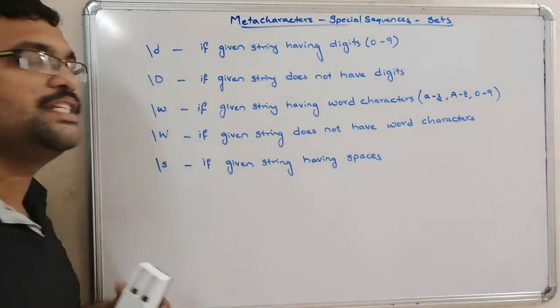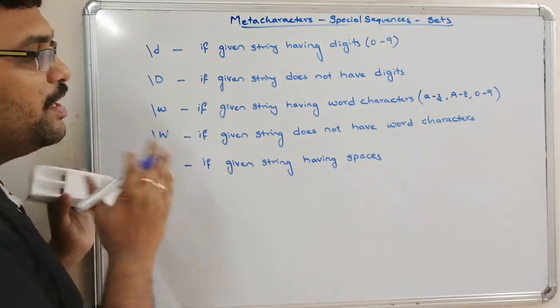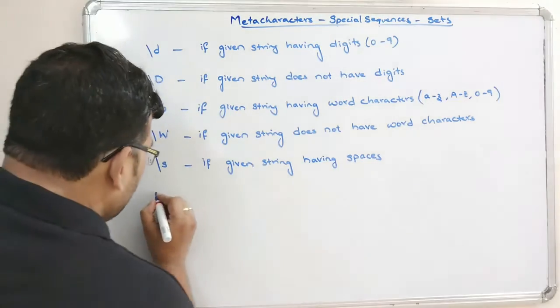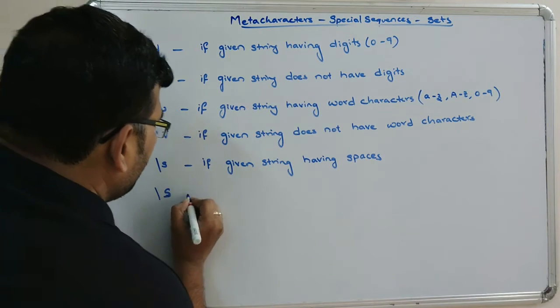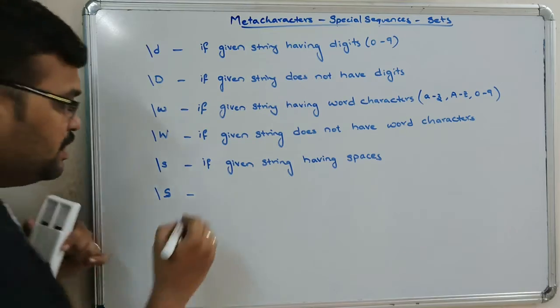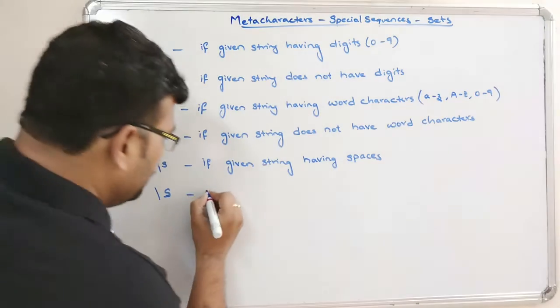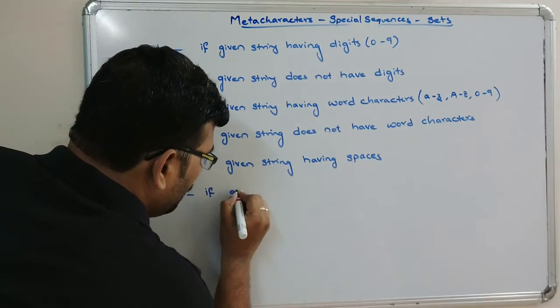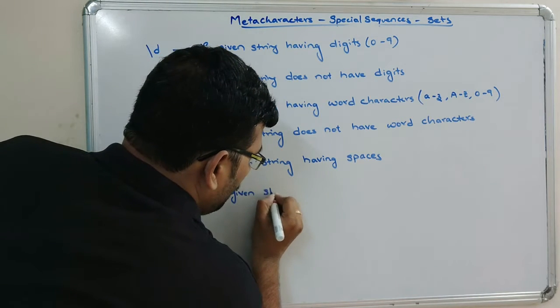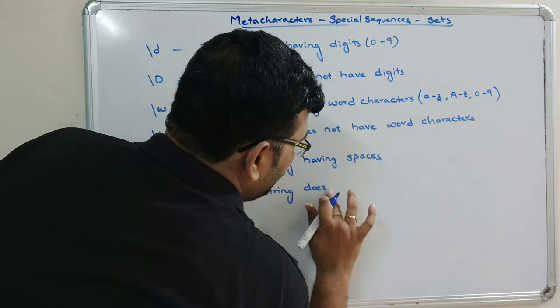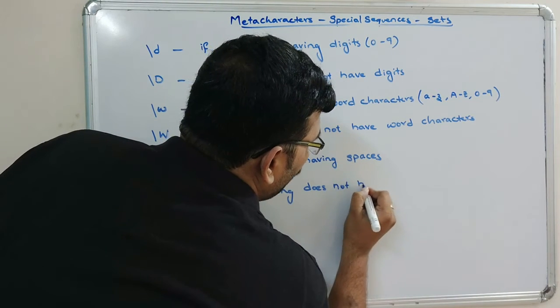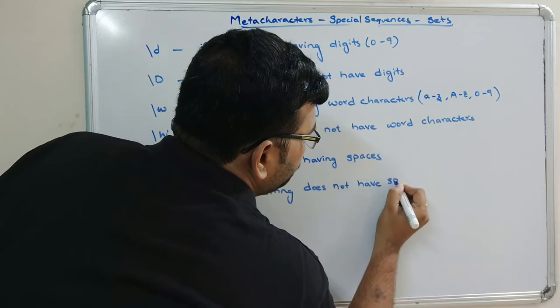So if the given string is having a space, automatically it will return a match. Similarly, capital S. Okay. So capital S means it will return a match if the given string does not have spaces.